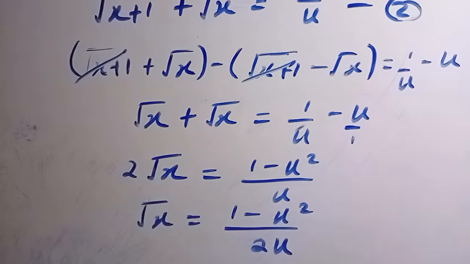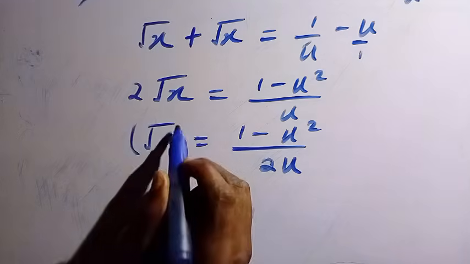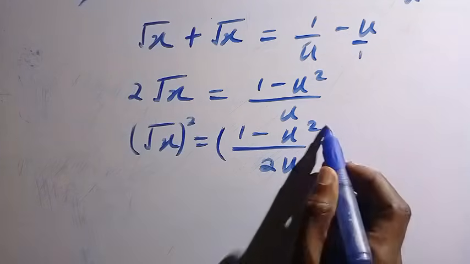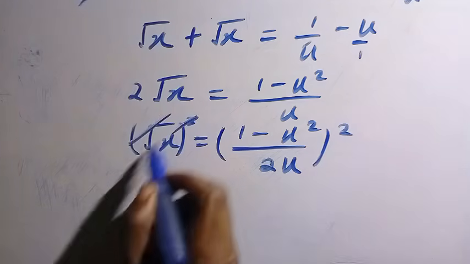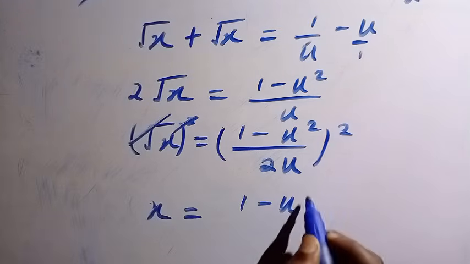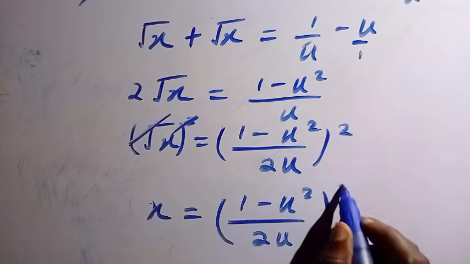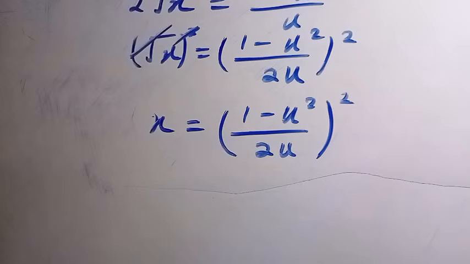We needed root x, and we have gotten root x already. So the next thing we are going to do is take the square of both sides. So we have x equals 1 minus u squared divided by 2u all raised to the power of 2. From the other side of the original equation, we have 1 over x there.